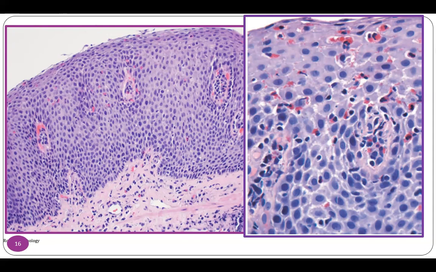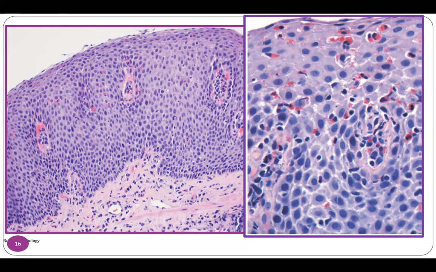What we see in eosinophilic esophagitis grossly is again some hyperemia or congestion in the esophagus. In the microscopic examination, we see some eosinophils in GERD, but in eosinophilic esophagitis we see a lot of eosinophils, too many eosinophils.